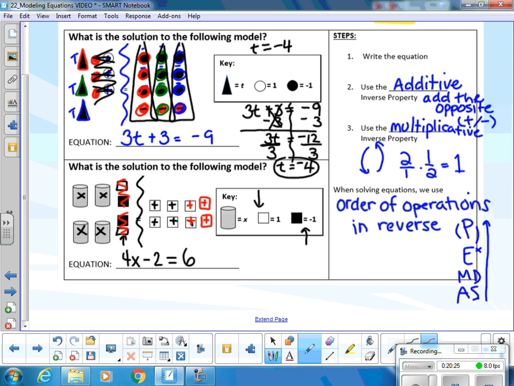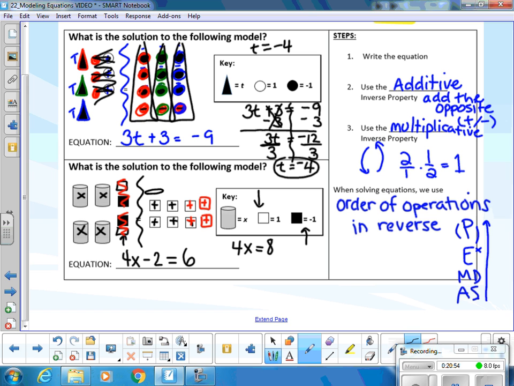So that would be written as 4x equals 8 positives. Now I have to take that and split them up. How many would be in each canister? Well, I could divide them up by color, or I can look for an easy way that they're already divided, like 1, 2, 3, 4.